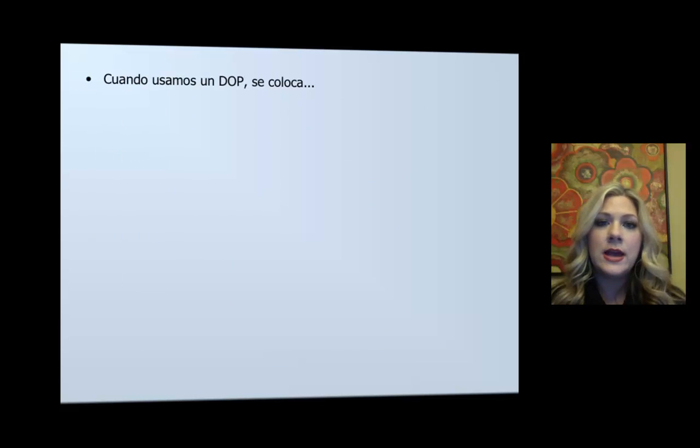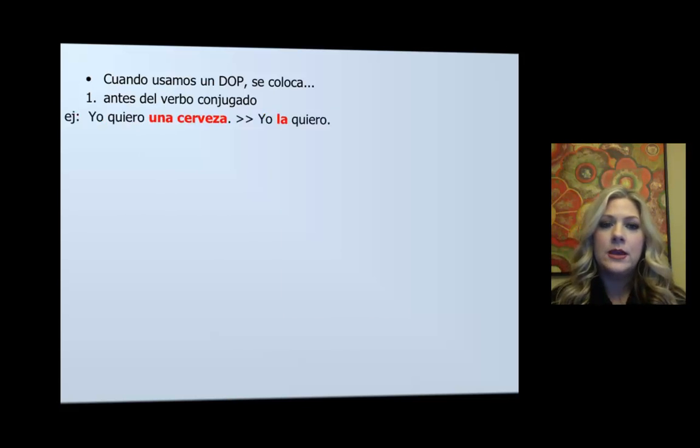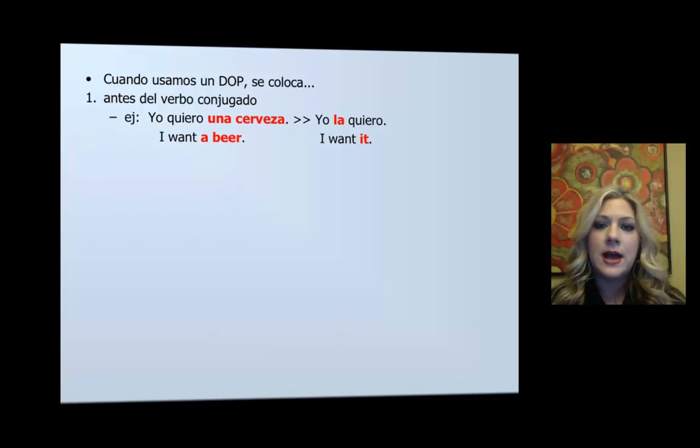When we use a direct object pronoun in a sentence, it doesn't go in the same place where the direct object was. So we have special rules for placement. The first rule is that it goes before the conjugated verb, antes del verbo conjugado. Example, yo quiero una cerveza. Yo la quiero. I want what? Una cerveza.